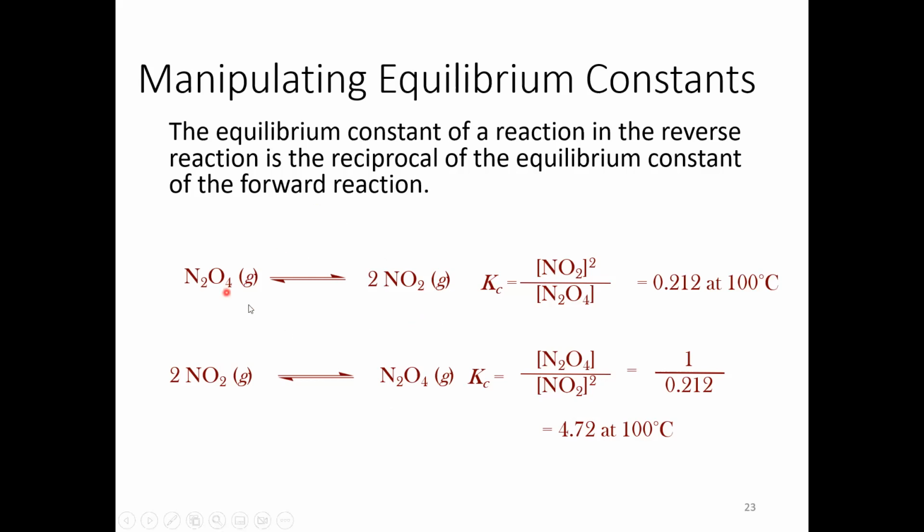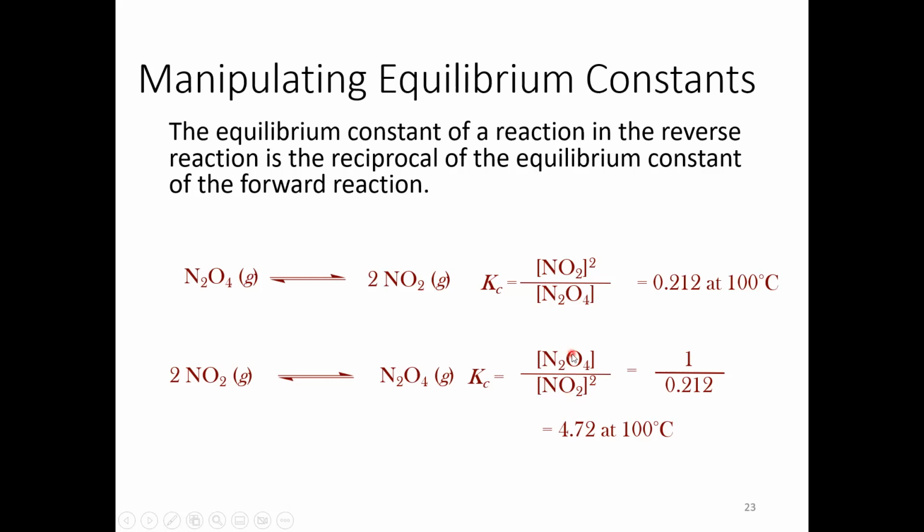So for the top reaction here, where we're considering NO2 as our product, we've got the equilibrium expression shown here. And then at 100 degrees, that equilibrium constant is going to be equal to 0.212. So if we flip this reaction around, now when we write the equilibrium constant, we're essentially going to flip that as well.